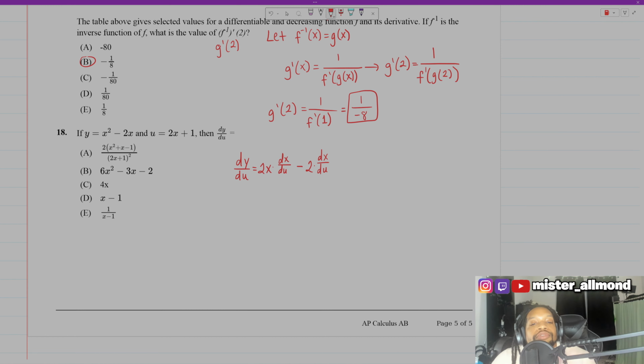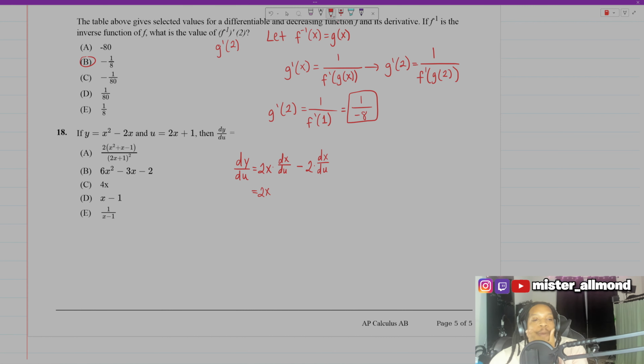All right, so from here, let's see, what do we do? 2x times dx du. The derivative of x with respect to u. I know we got to use this right here. Now here's the part that I'm confused about, because we have u equals, but we need the derivative of x with respect to u.